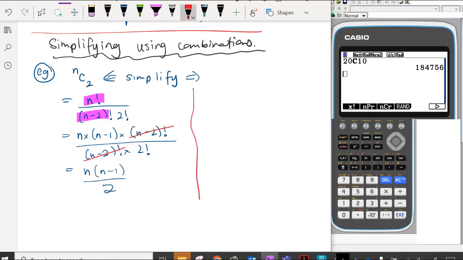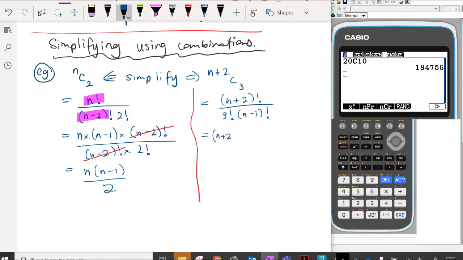If we looked at something a little bit harder, so let's say now we're looking at (n plus 2)C3, then we take the same approach. What we've got is (n plus 2) factorial, and we've got 3 factorial, and (n plus 2 take 3) is (n take 1) factorial. So this n plus 2, we can take that down so it includes an n take 1.